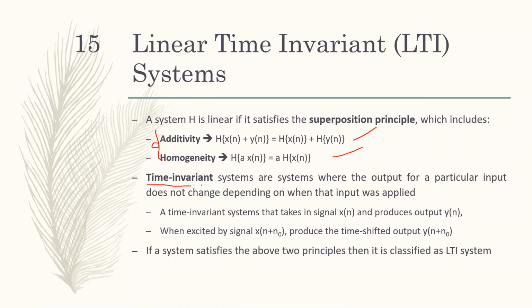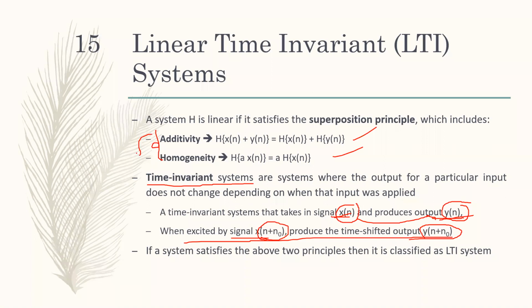Then what is meant by a time invariant system? If the input signal x of n produces output y of n, then the shifted input signal also produces a correspondingly shifted output signal. If this condition is satisfied, then I classify the system to be time invariant.